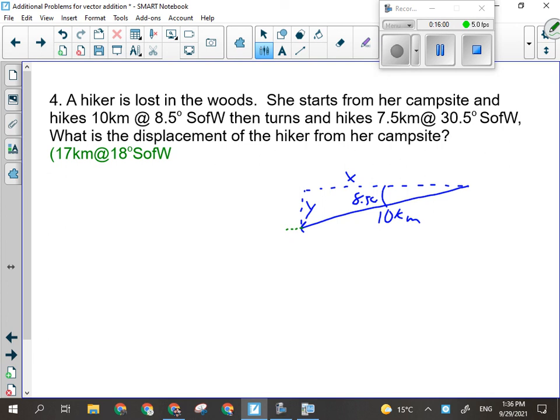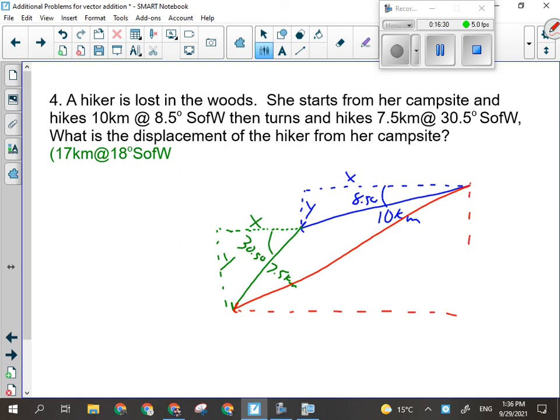Again, my reference is west, but now it's a steeper angle, though not as far. So that's what my overall diagram should look like.